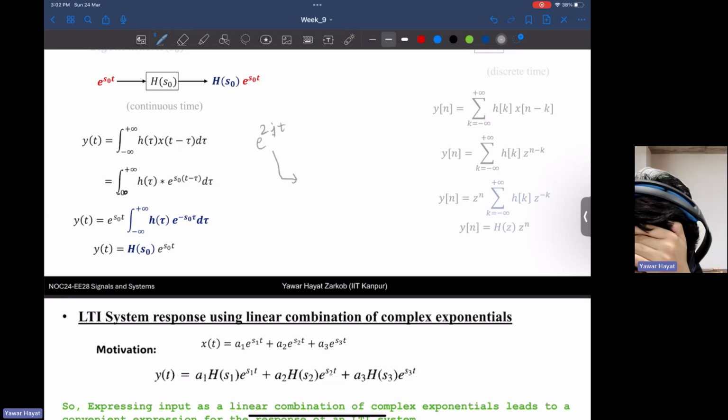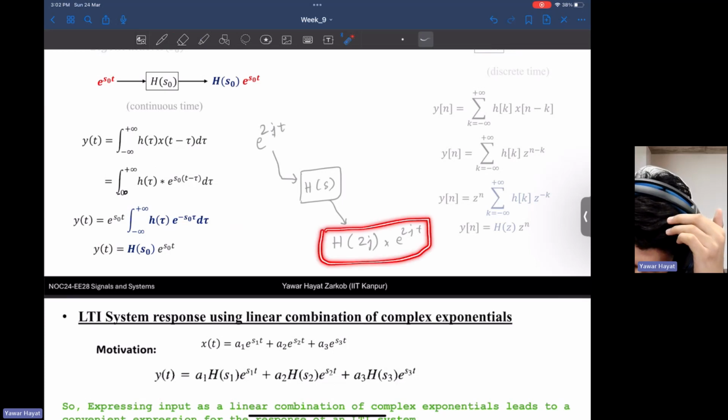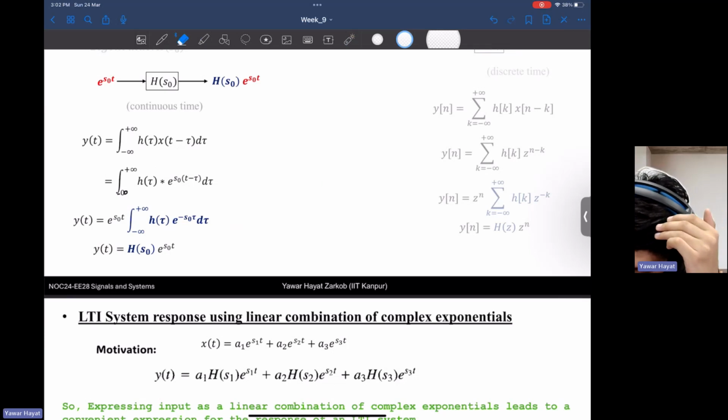Suppose this is the input to the LTI system having impulse response h of s. The output would be h of 2j, the impulse response in the S domain computed at s equal to 2j, multiplied by e to the power 2jt. That is the simple expression of y of t.